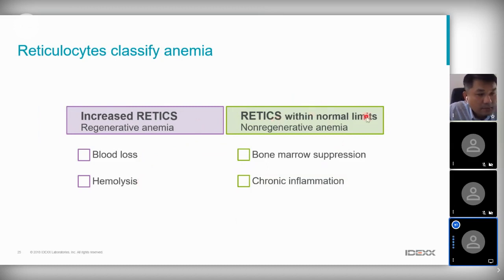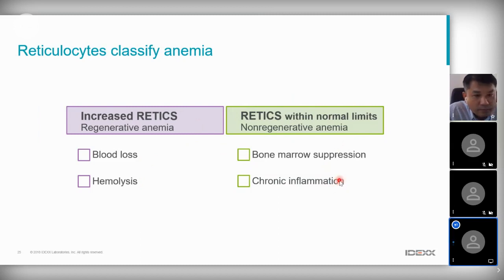Whereas retics within normal limits are also present in the case of anemia, and that is known as non-regenerative anemia. In those cases, there could be a possible bone marrow suppression. That means the bone marrow is not responding to the increased demand for RBCs. And there could be numerous other conditions as well, like chronic inflammation, some sort of cancer, or neoplasms that could also result in non-regenerative anemia.